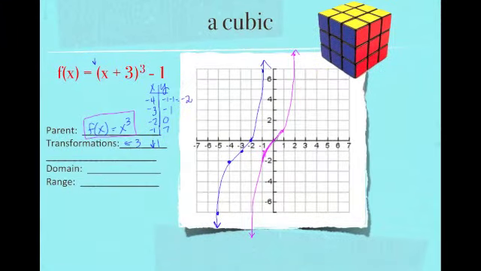If you compare these 2 points, you can see that to get to it, you have to go over 3 and down 1, which is where these numbers here came from. Okay, for my domain, my x, it continues, it is going out, even though it doesn't really look like it, and it is flaring out this way. So I can have all real numbers, so negative infinity to positive infinity, and the same with the range.